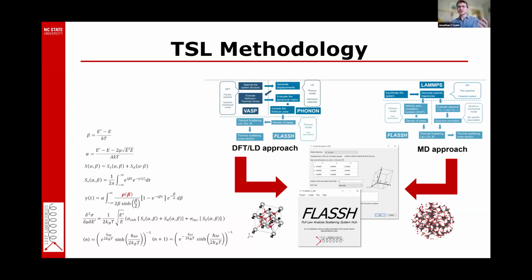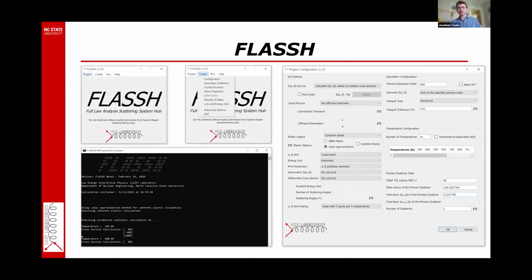FLASH is the code that our research team at NC State, the LEAP group, has been developing for a good while, and it's an excellent piece of work because it streamlines evaluating nuclear data.